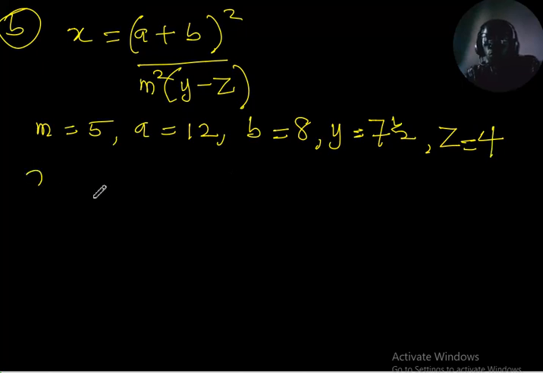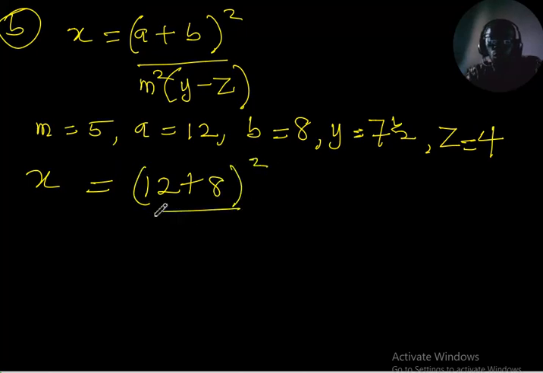The subject of the formula x now becomes a is 12 plus b is 8, all squared, over m is 5, that is 5 squared, then in bracket of y is 7.5 minus z, which is 4.